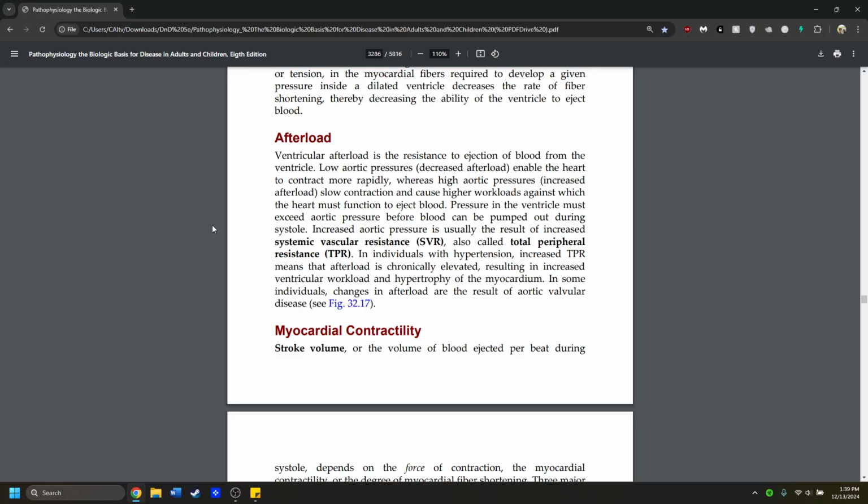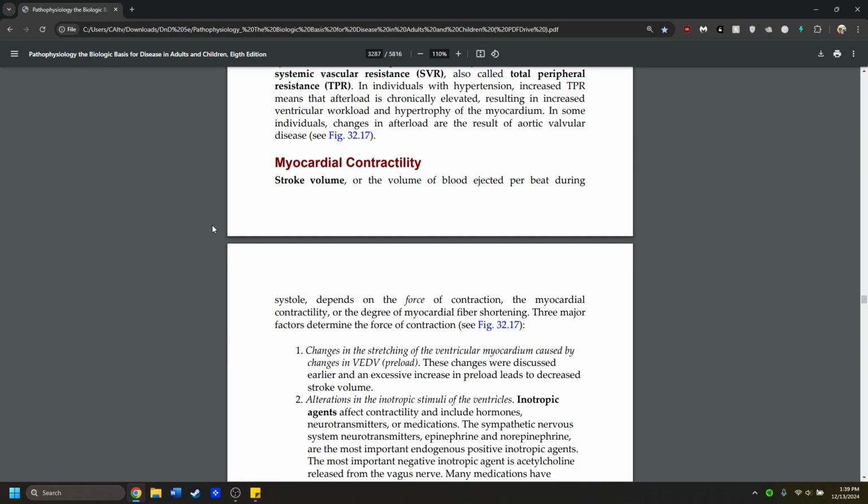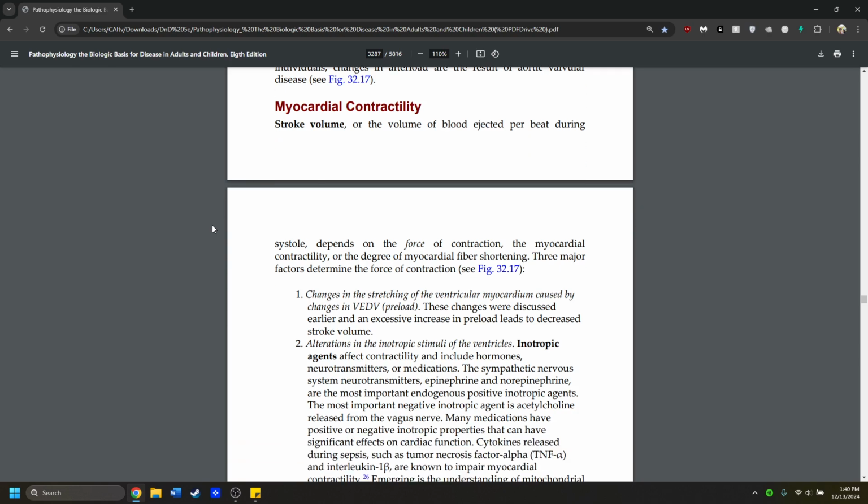That's why we will sometimes see cardiomyopathies in patients who have high blood pressure. It all makes sense.